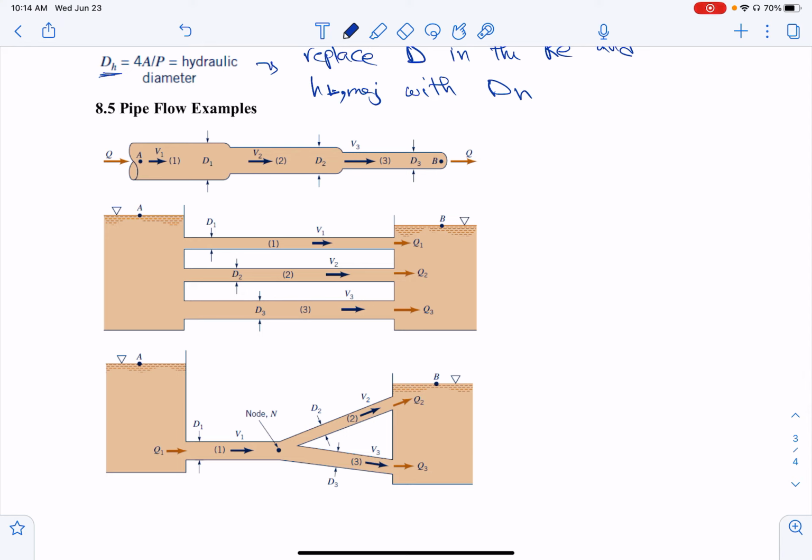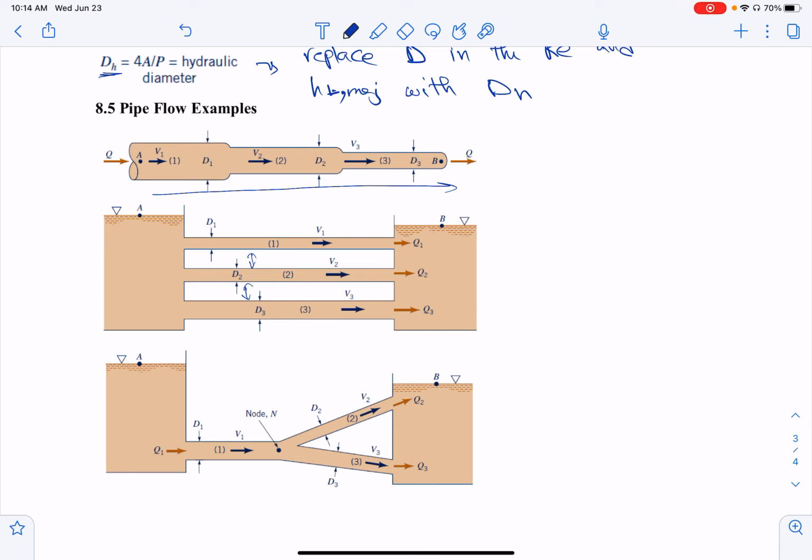Now these are some examples of a little more complex pipe. These multiple pipe systems can be classified into series and parallel flow. For example, this one is series, right? And this one we can see is parallel, right? It's like the circuit system in electricity.